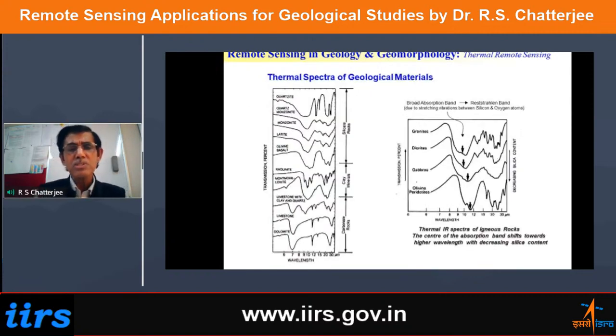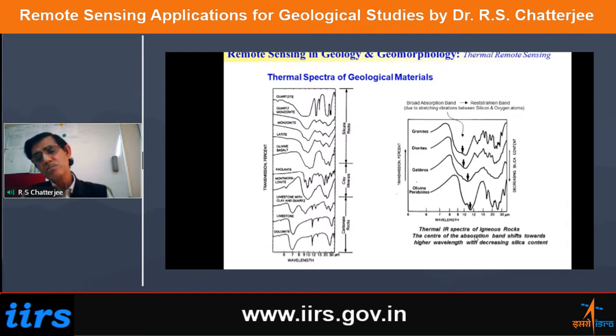And why is thermal remote sensing important? Because most of the geological materials, particularly the silicates and other kinds of clay minerals as well, have spectral absorption peaks in this region only. You see, there are many typical absorption peaks in these rocks in this region.